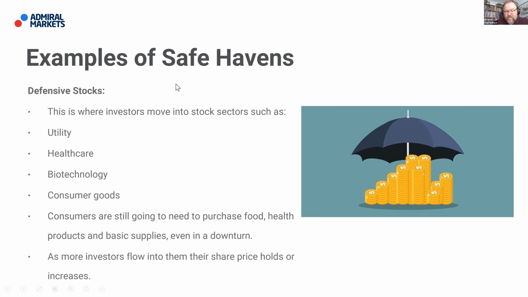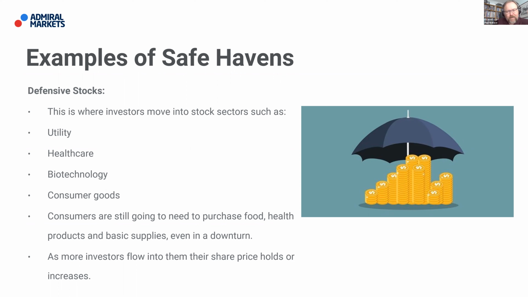As more investors flow into them, their share price holds, or you might actually see it increase. Here in the UK, a couple of the supermarket stocks did very well at the start of COVID, such as Ocado and Waitrose, who had the ability to deliver food via the internet.